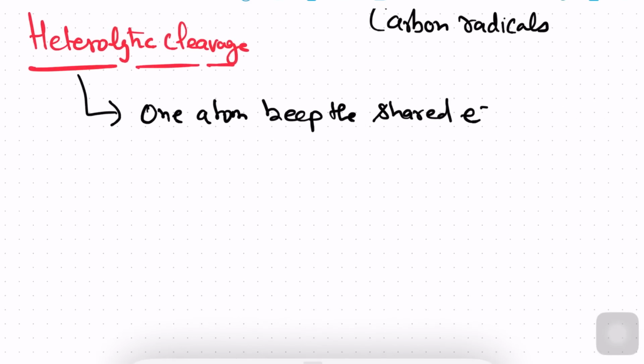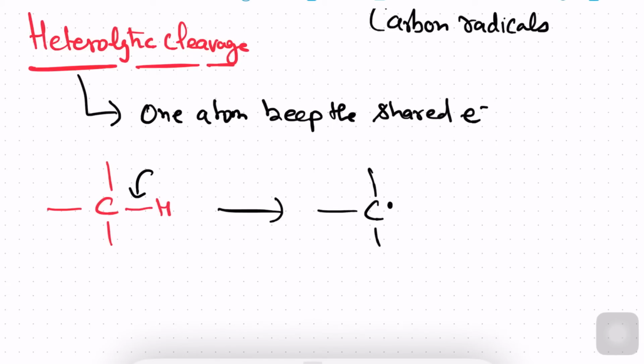Let us discuss the situation: this is carbon, then this is hydrogen. Now let's suppose there is cleavage here, and this is heterolytic cleavage. In this situation, let's suppose at this moment this carbon is going to retain the shared electron, and hydrogen is not going to have the electron. It has donated the electron to this carbon, so now it is going to have positive charge.